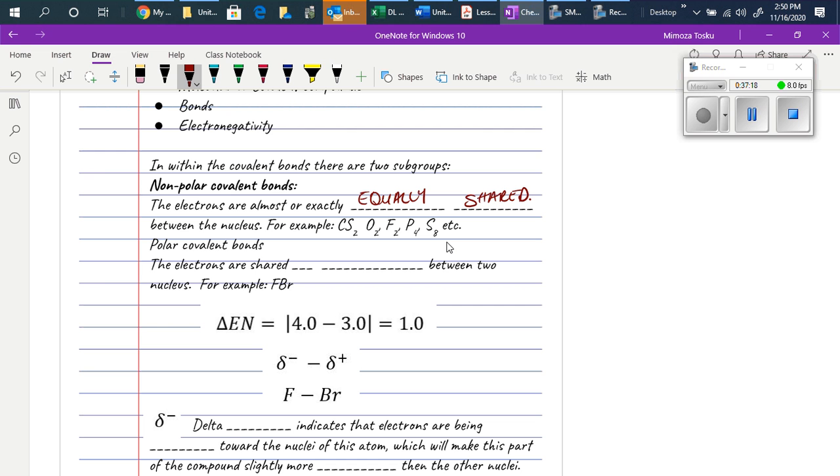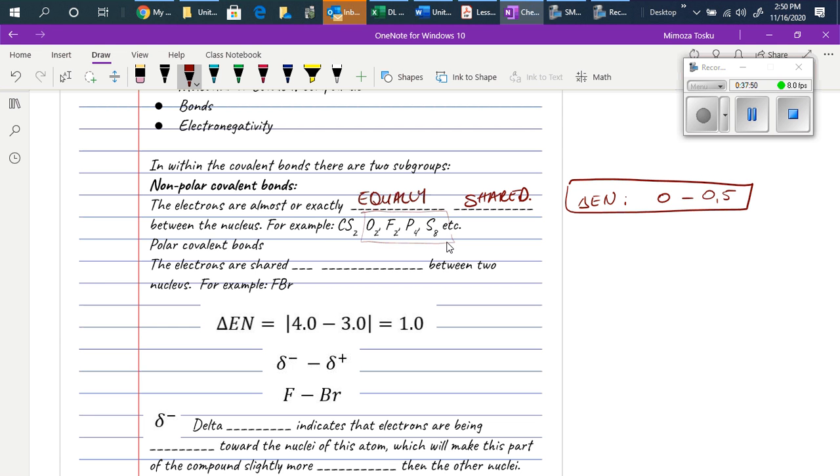So when we see, let's say, Cl2, O2, and in general, all the ones that are diatomic elements, these are non-polar covalent bonds, and the ones that have an electronegativity difference of between 0 and 0.5.